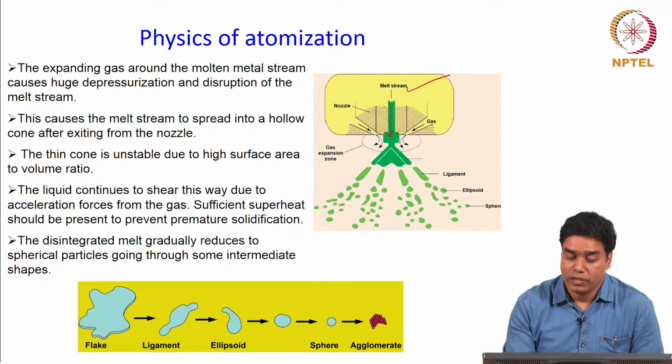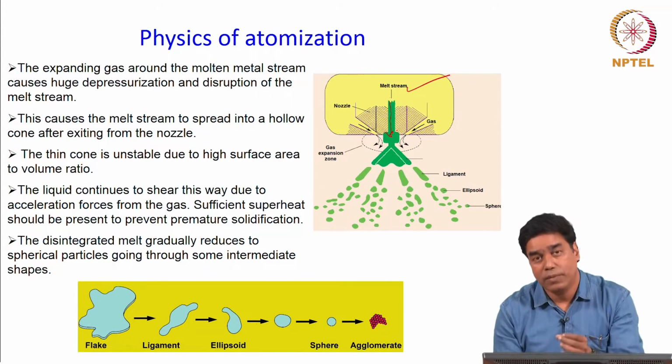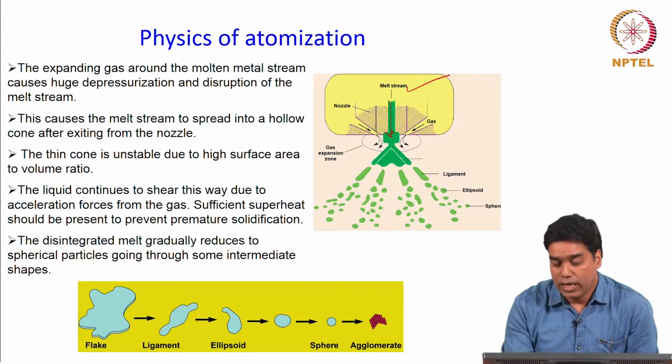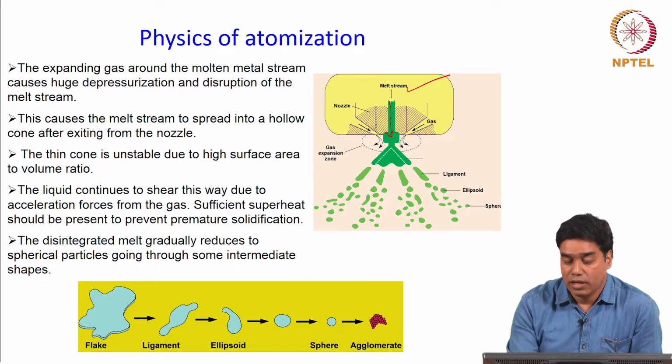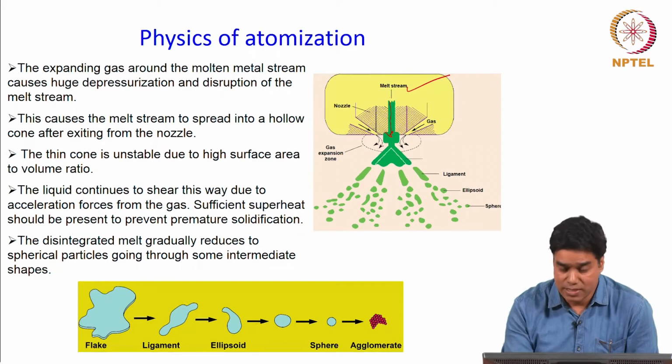Okay. So, here you have the nozzle for the molten metal to exit. So, now it is coming down as a stream of liquid metal, and as it exits the nozzle, it is exposed to a high velocity gas jet.